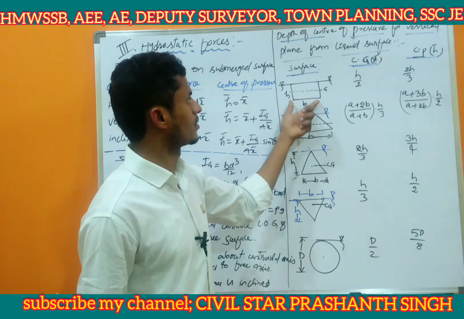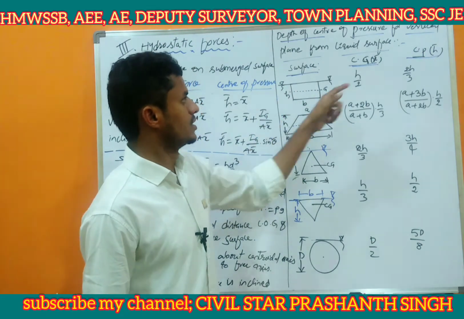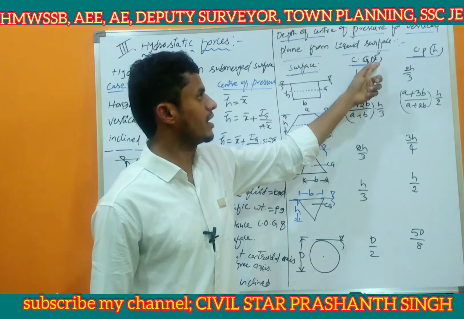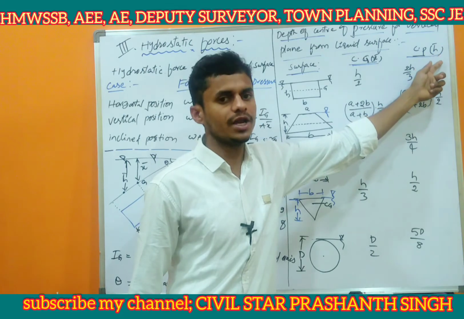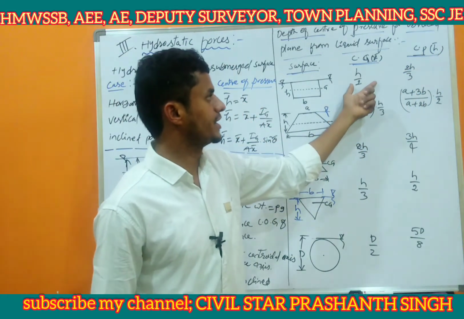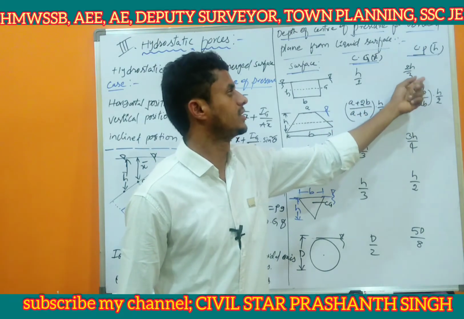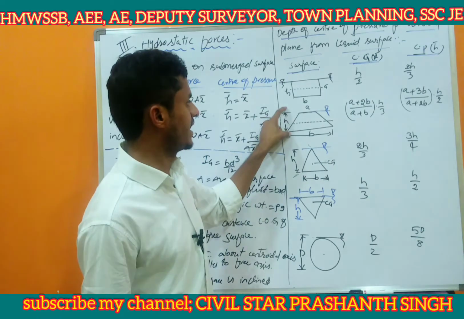For the rectangular plate, this is B, this is H. Center of gravity x bar equal to H by 2. Center of pressure H bar equal to 2H by 3. For the trapezium, this is the height.